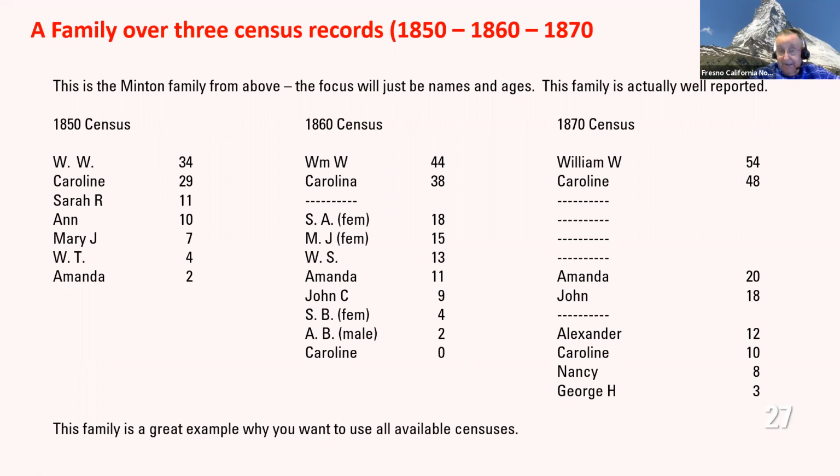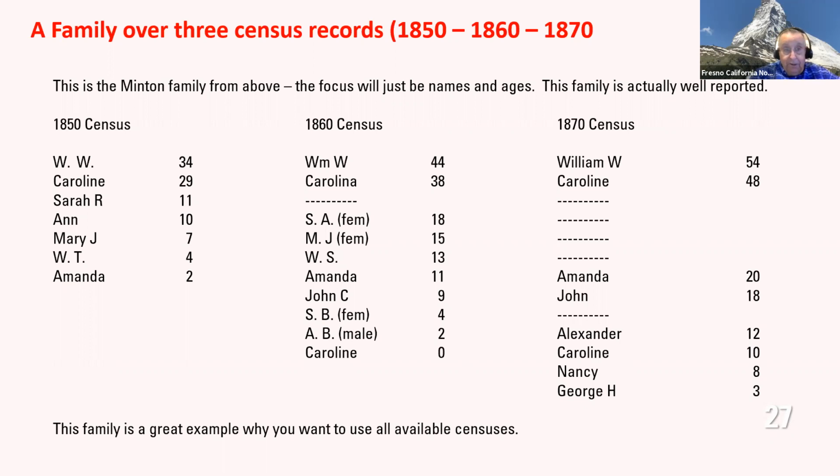She's probably SA, a female who's 18 in 1860, and then disappears. Mary J was 7 in 1850. There's an MJ who's 15 in 1860, and then she's gone.